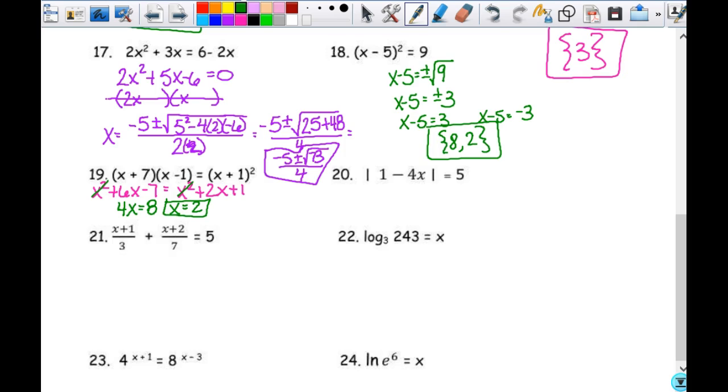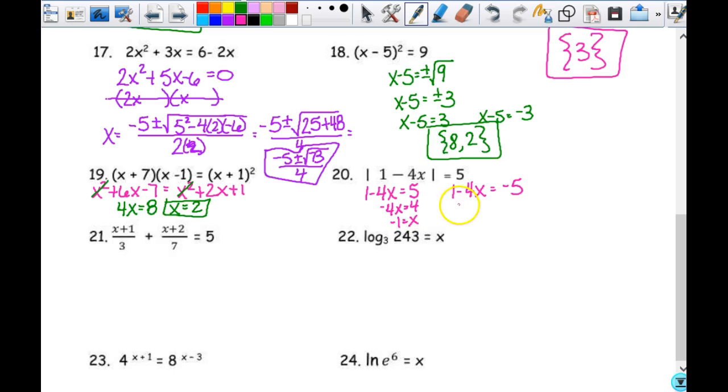So absolute value. Since the absolute value of 1 minus 4x equals 5, then that means that 1 minus 4x could equal 5, or 1 minus 4x could equal negative 5. So then this is going to give me negative 4x equals 4. So negative 1 equals x.